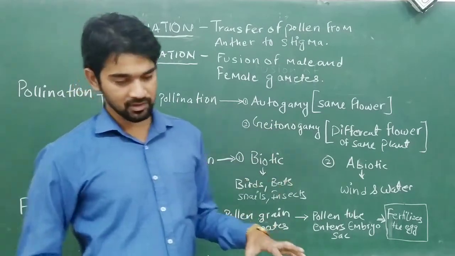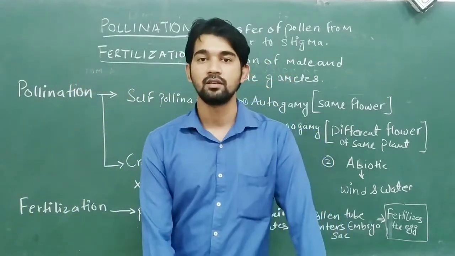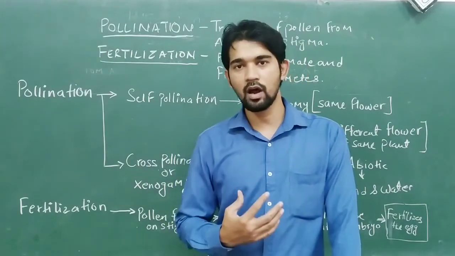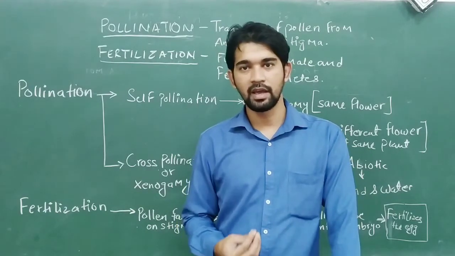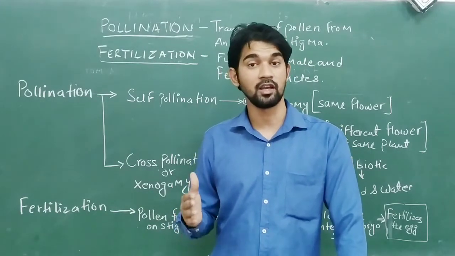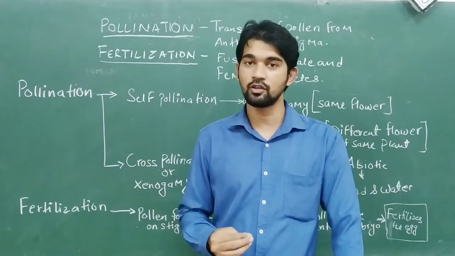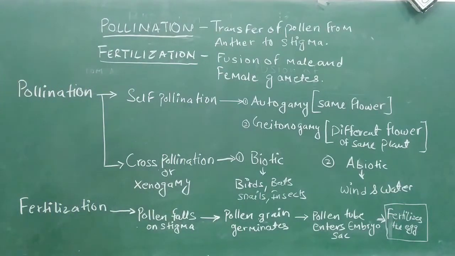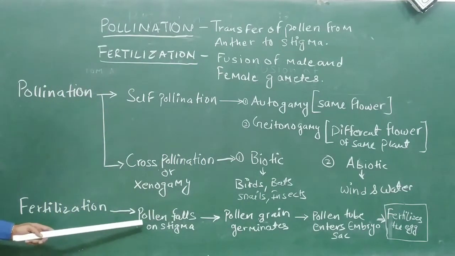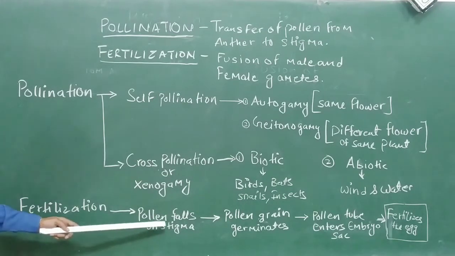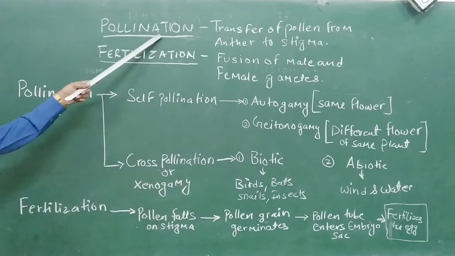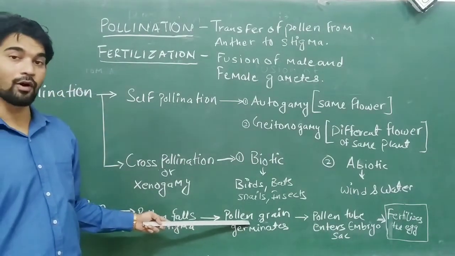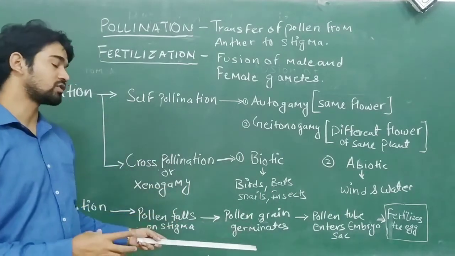Now, once the pollination happens, then fertilization begins. And there are a series of steps in fertilization. But in flowers, for fertilization to happen, pollination has to happen. The first thing is that pollen grains fall on the stigma, which is the pollination. And those same pollen grains which fall on the stigma start to germinate.